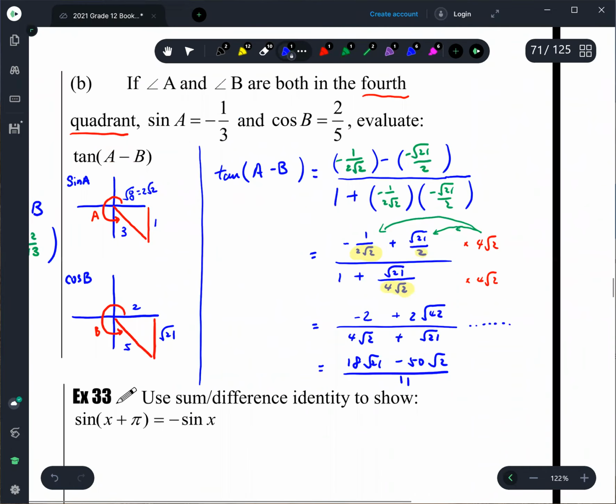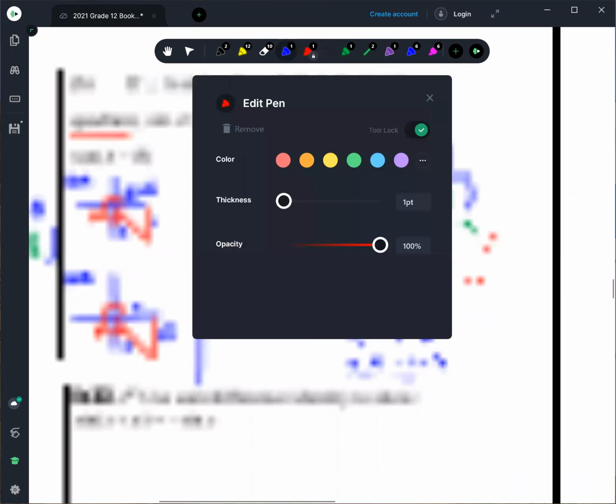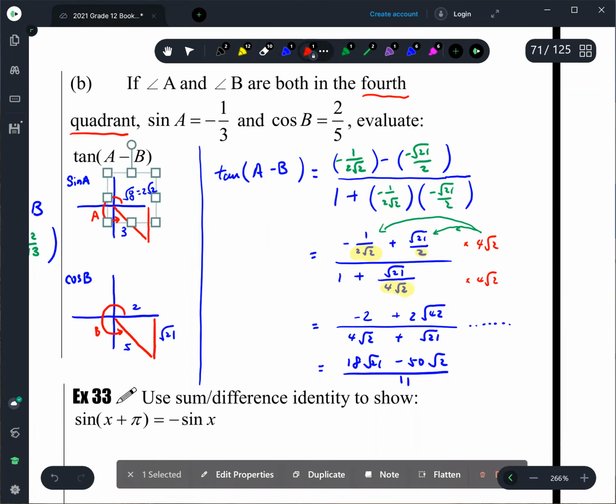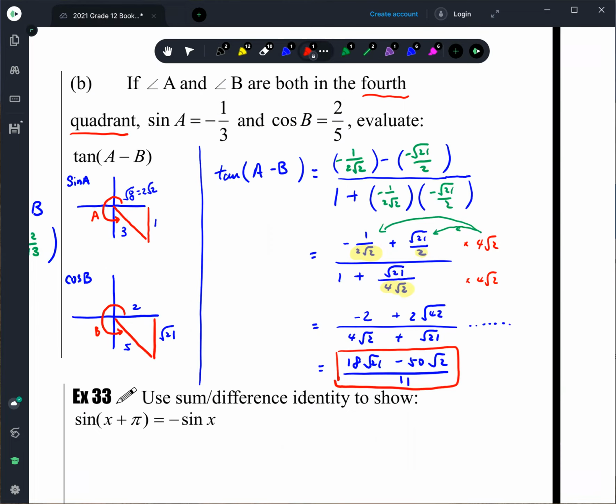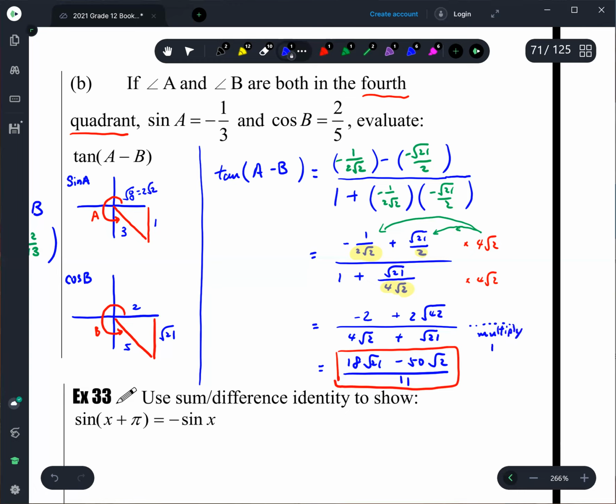So your final answer should end like this. But that takes a lot more multiplying, so we're going to skip those details right now. Just to let you know, this dot dot dot is to multiply by conjugate.